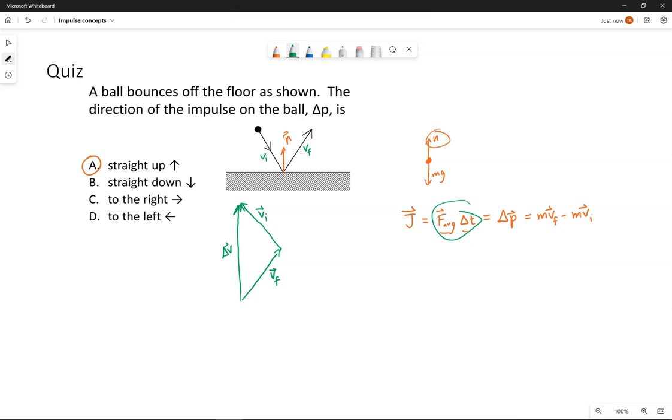Now momentum is not delta v, but the ball's not changing mass. So we can technically factor m out and say this momentum for the ball in this specific case is its mass times delta v, meaning the direction of the impulse has to be the same as the direction of the change in velocity. So we could reason it out that way as well.